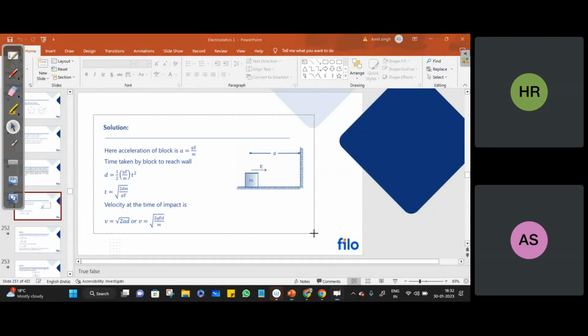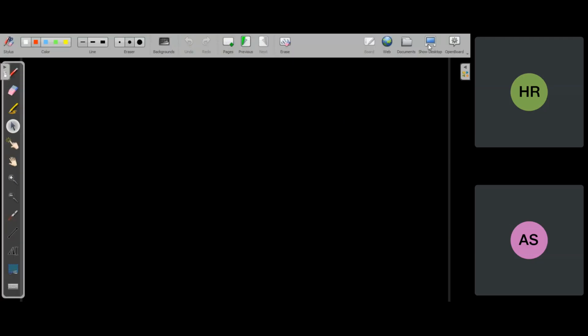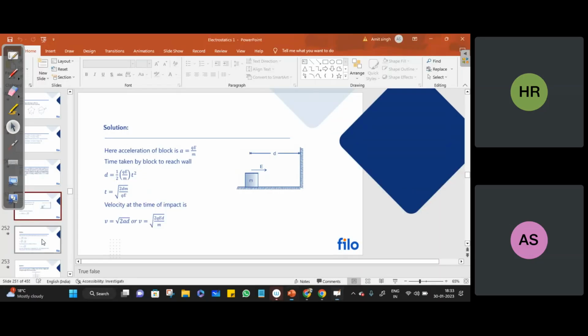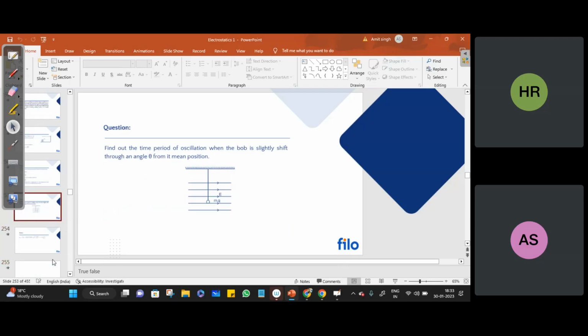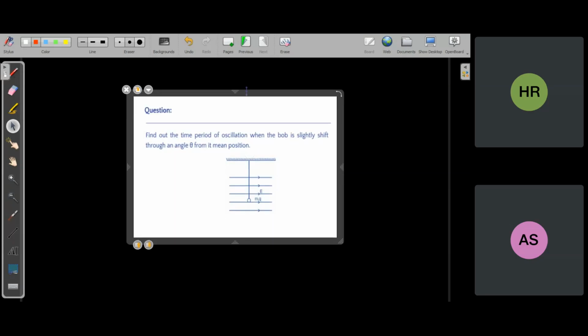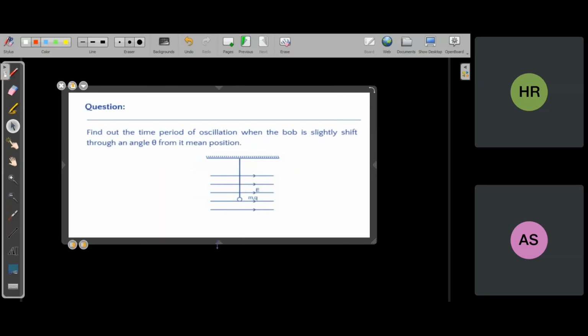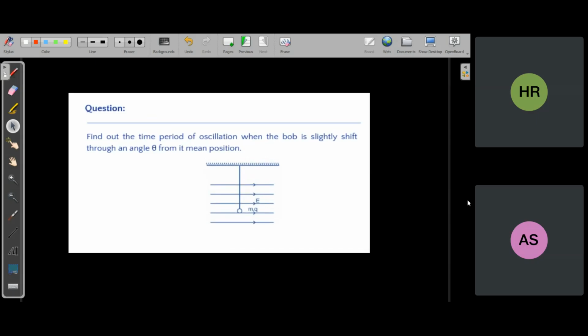You will just use equations of motion. Why are you using equations of motion? Because the motion is uniformly accelerated, right? Yes, sir. Okay. Go for this question.